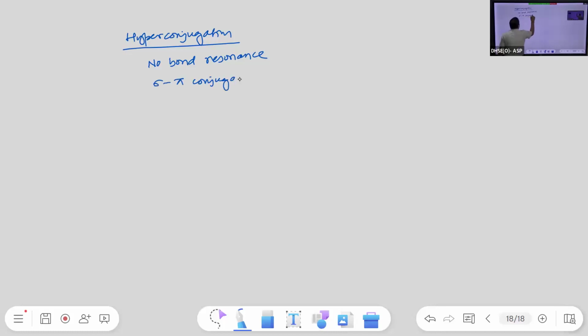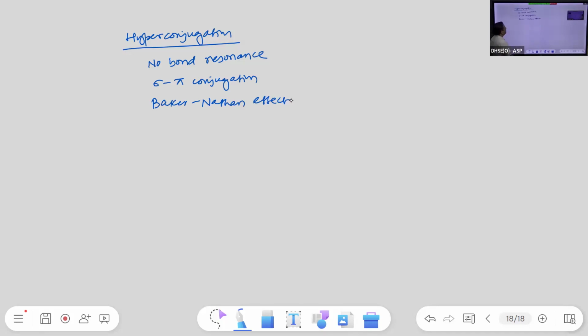Next is hyperconjugation. Then we will see a question by taking hyperconjugation, inductive effect and resonance. Hyperconjugation is otherwise known as no bond resonance, or sigma pi conjugation, or by the name Baker-Nathan effect.